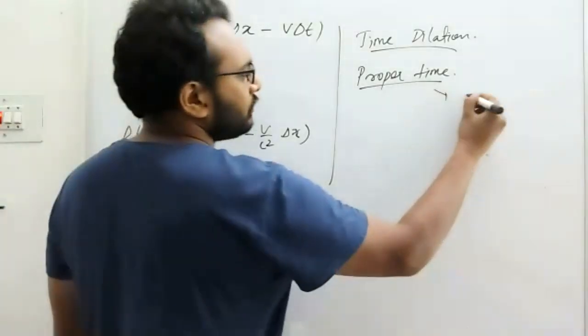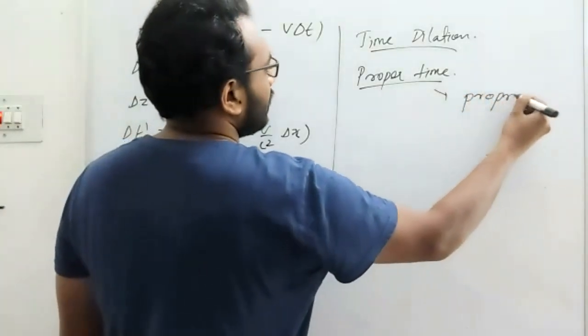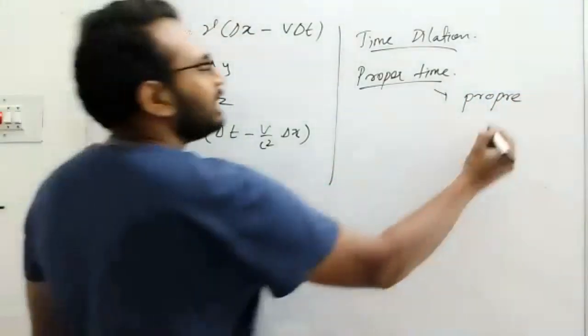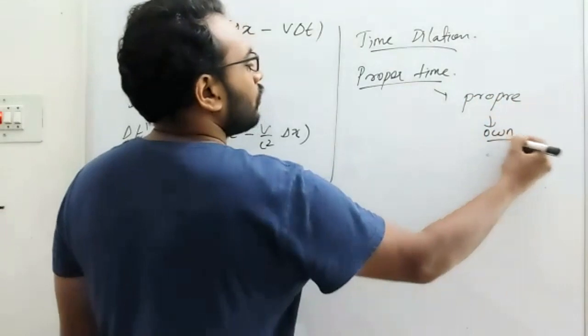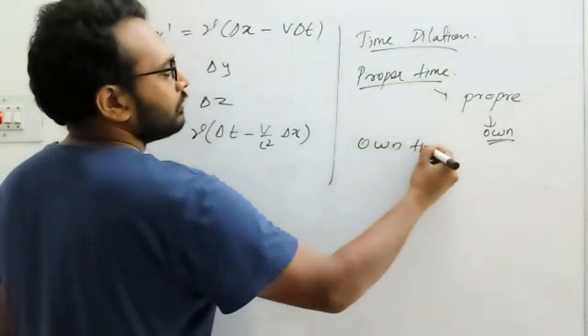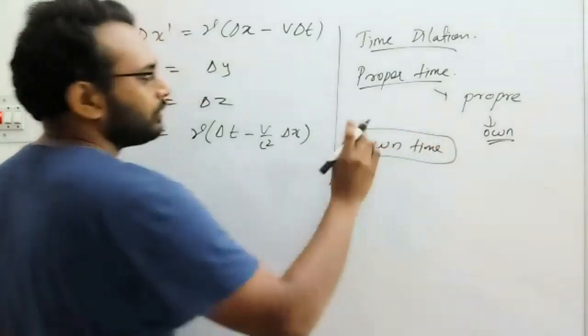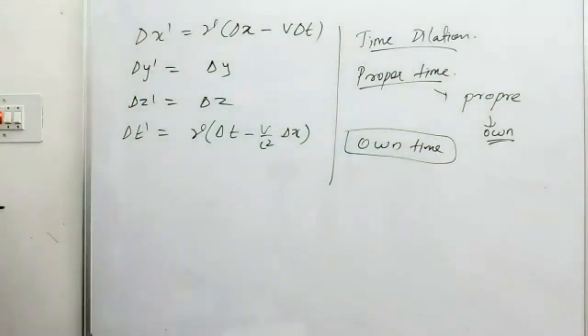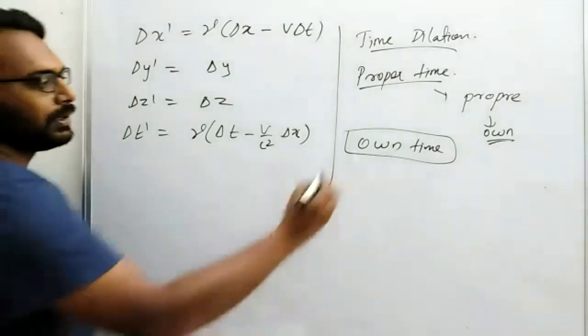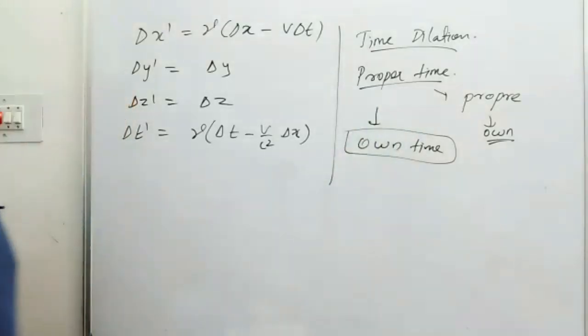It comes from the French word propre, and it means own. So proper time actually means own time. If you are talking about a frame, we can talk about a particular kind of time, the own time of the frame. Every frame has its own time.